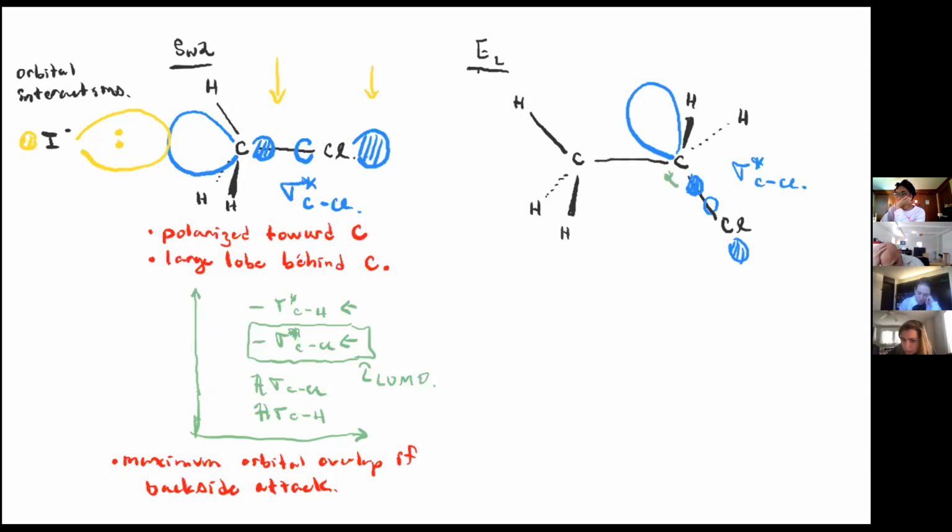So alpha, beta. And when I say the CH bond is interacting, what I actually am saying is that it's the sigma bonding orbital, which has its 2 electrons, that is interacting.